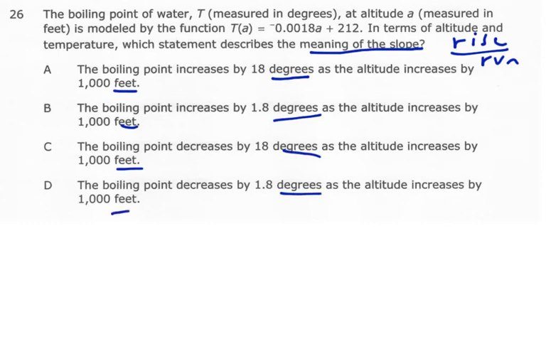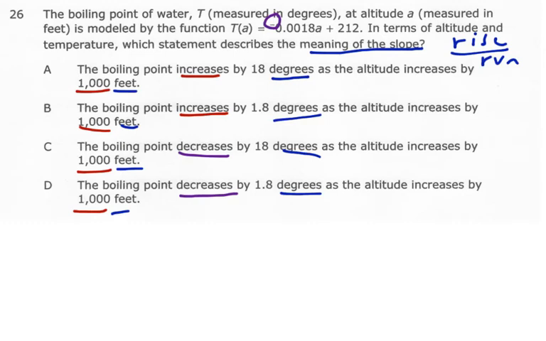One other thing I'd like to point out, the 1,000 is always going to be your run. It's always the bottom number, so that's not changing either. The only differences between these are going to be whether it says increase or whether it says decrease. Well, I can eliminate two answer choices right away because my slope is negative.